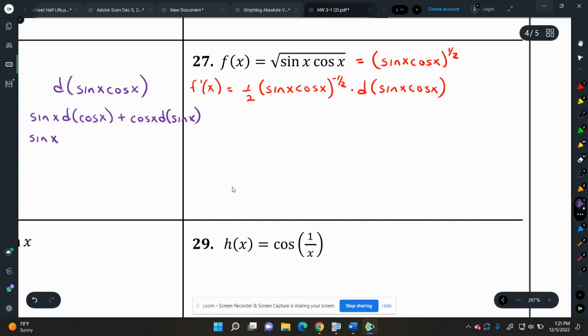What's the derivative of cosine? Negative sine. And the derivative of sine is cosine. So because you're subtracting, negative sine squared x plus cosine squared x.